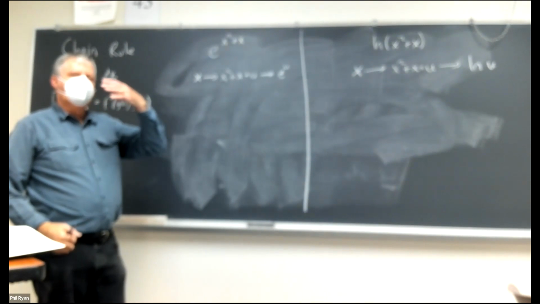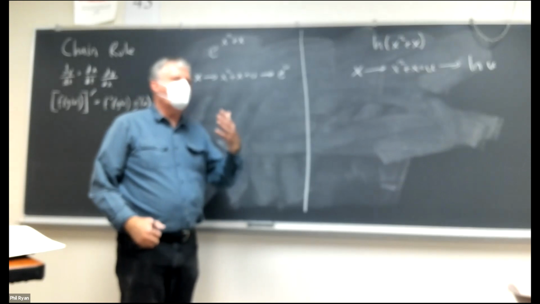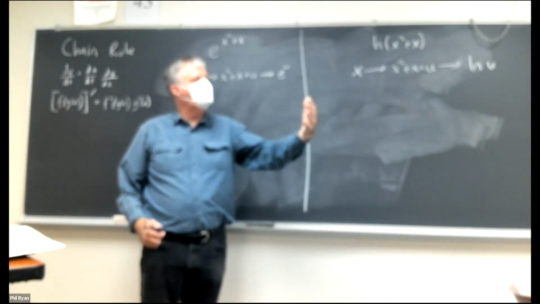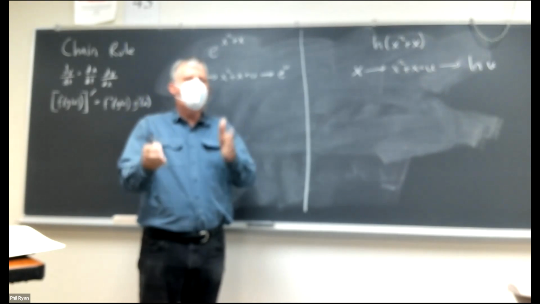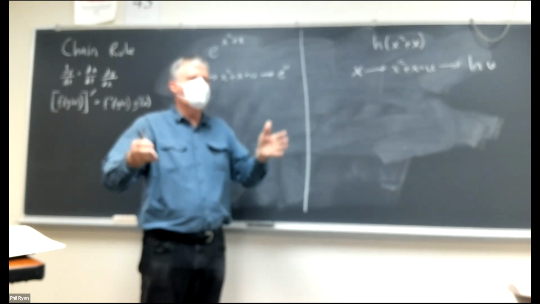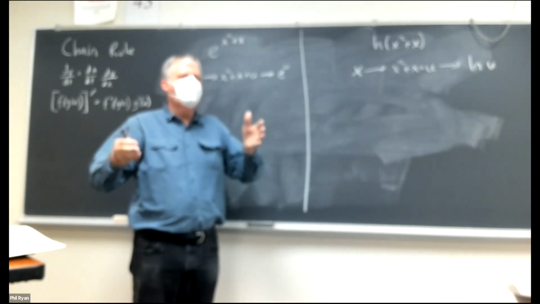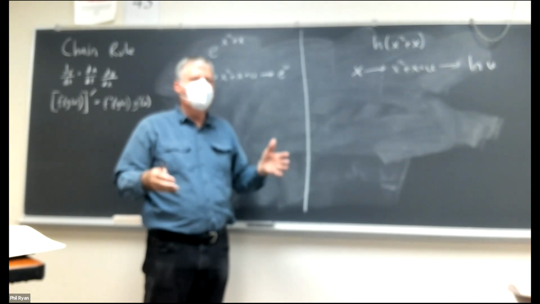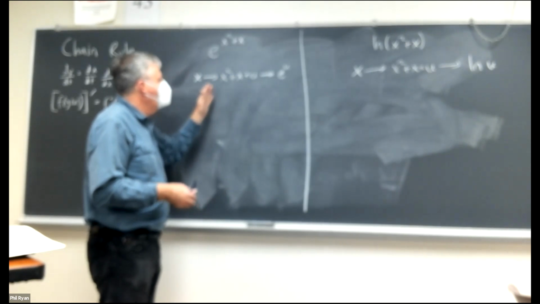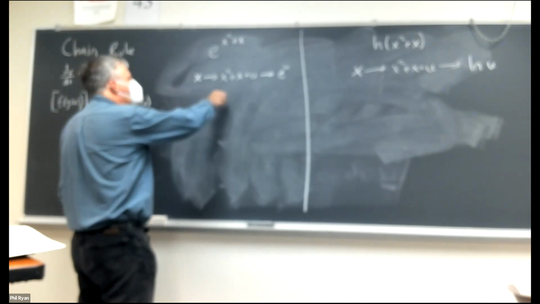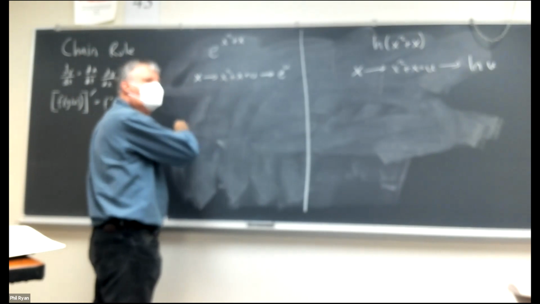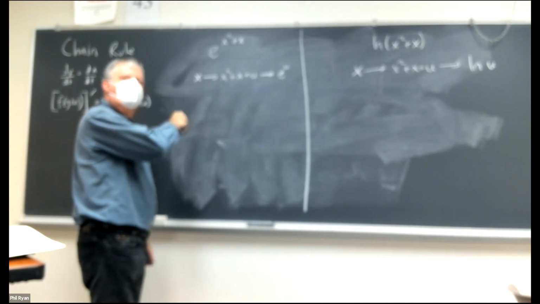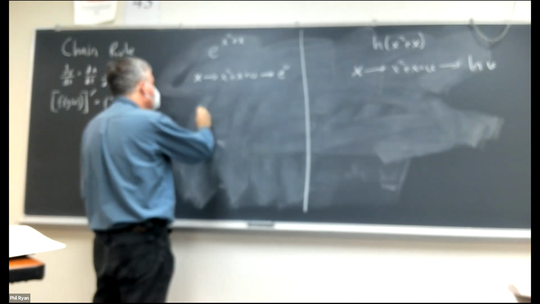Okay, so doing the chain rule is kind of like you just have to look at the function and it's like parsing it. It's like something you would do in English with grammar. You have to break it up into its constituent pieces. But once you've done that, then you can take the derivative. What's the derivative of x squared plus x? 2x plus 1.